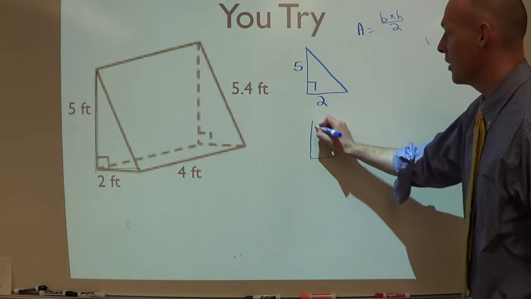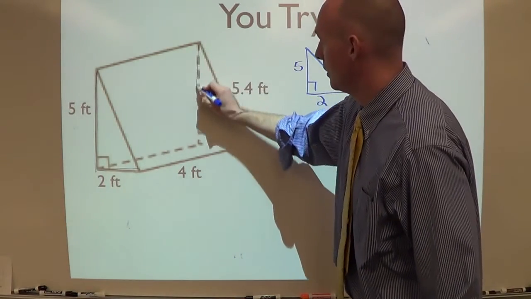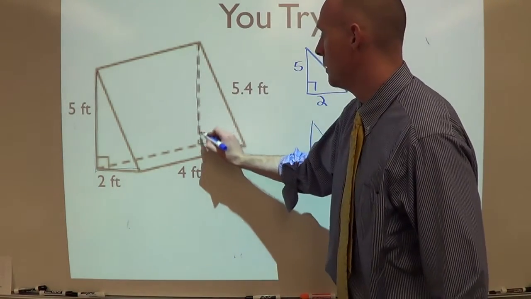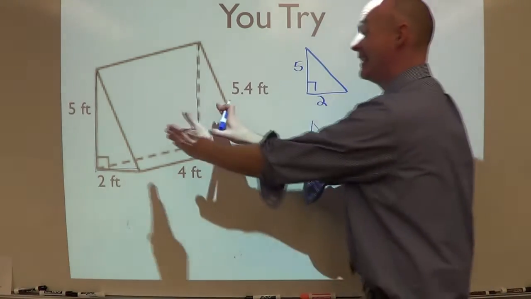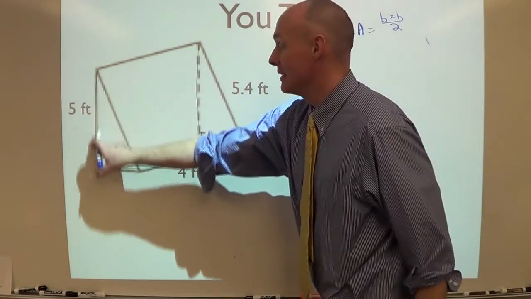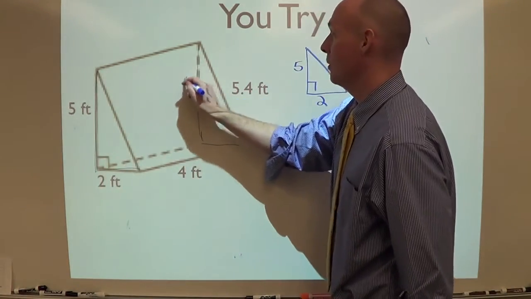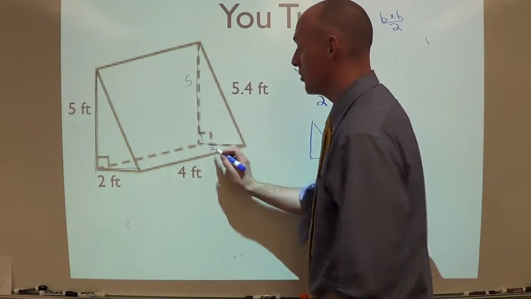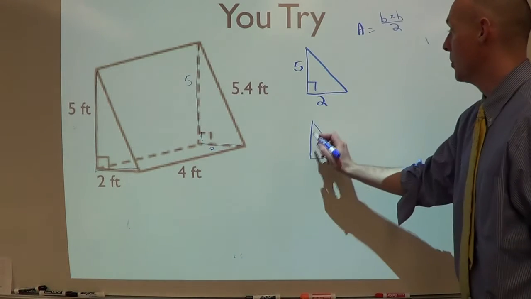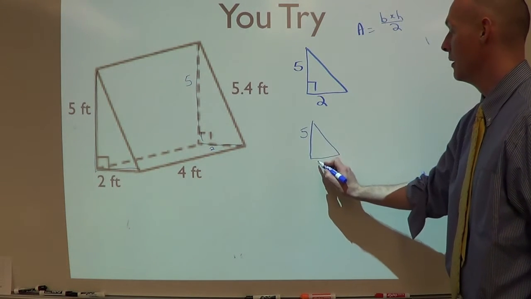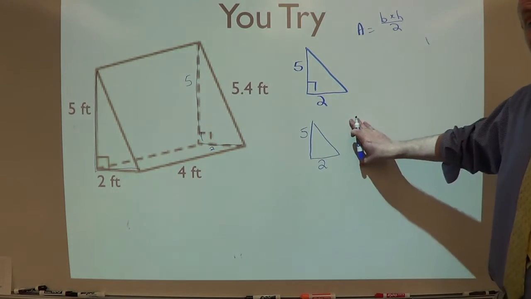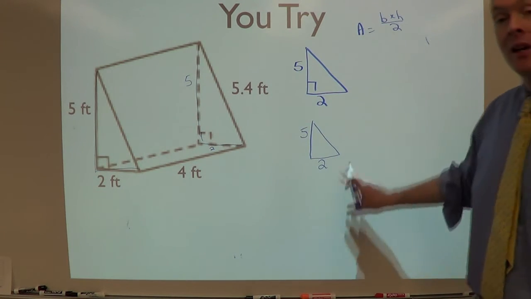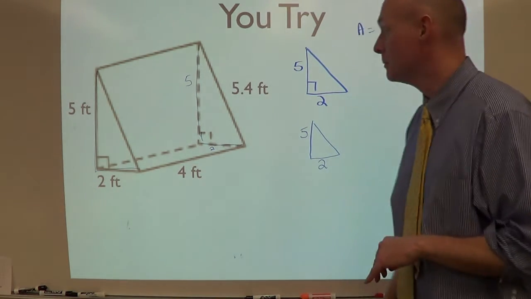The area of the back triangle is going to be the same as the front, because that 5 is going to equal that 5. This 2 is going to be equal to that back 2. So again, it's going to be 5 and 2. Find the area of that. We have 3 rectangles to find.